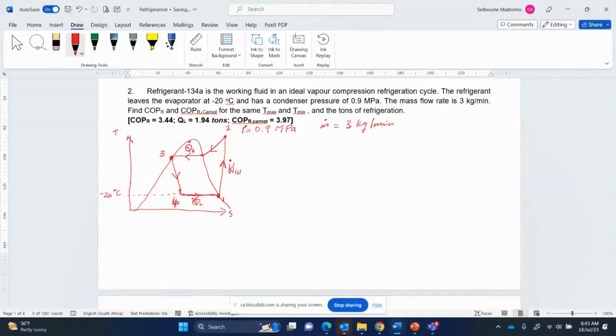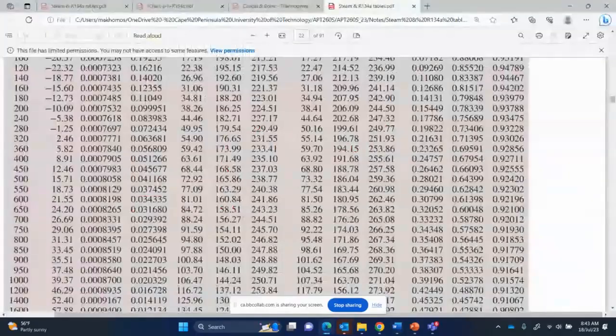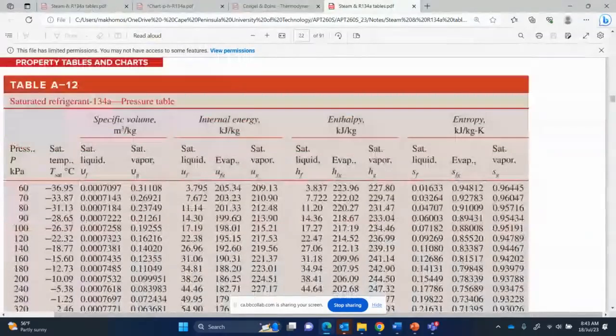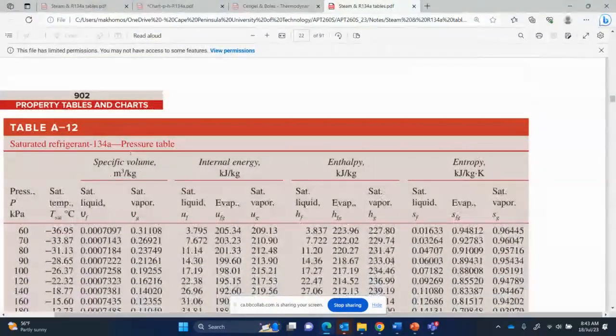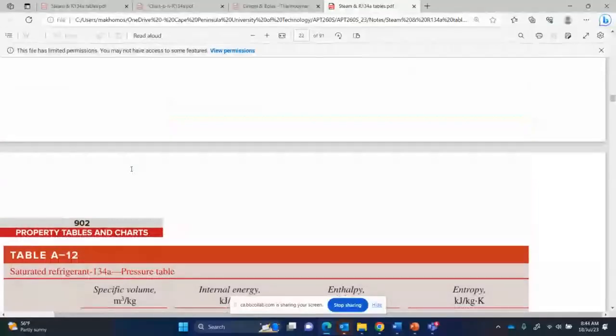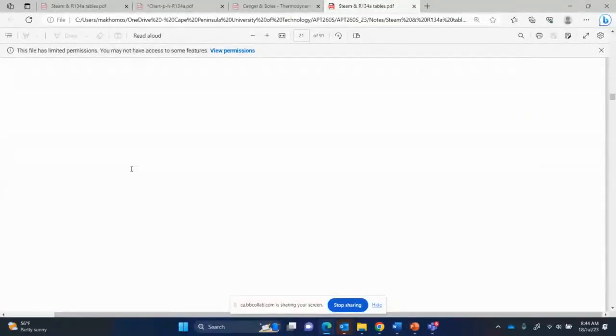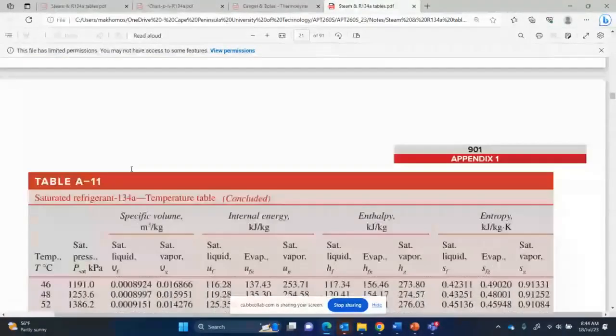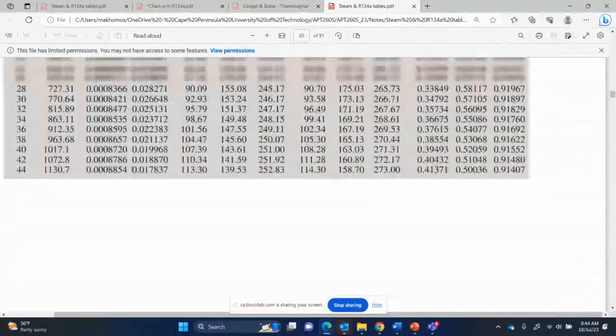H1, where we are right now, the refrigerant is dry, so it's Hg. H1 is equal to Hg at -20 degrees Celsius from the tables. Then we shift to the tables. This is a refrigerant 134A pressure table, but we need the temperature table at -20.